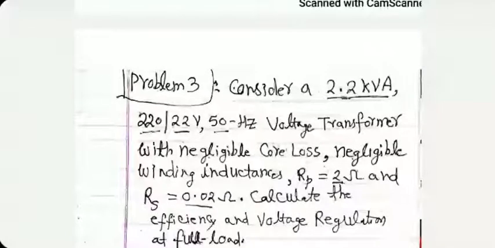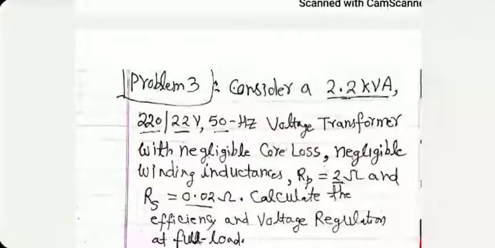So, a simple problem: consider a 2.2 kVA, 220 volt to 22 volt, 50 hertz voltage transformer with negligible core loss, negligible winding inductances, and primary resistance 2 ohm and secondary resistance 0.02 ohm. Calculate the efficiency. When they say efficiency, you always go for power efficiency. Don't worry about all-day efficiency. And calculate voltage regulation at full load.